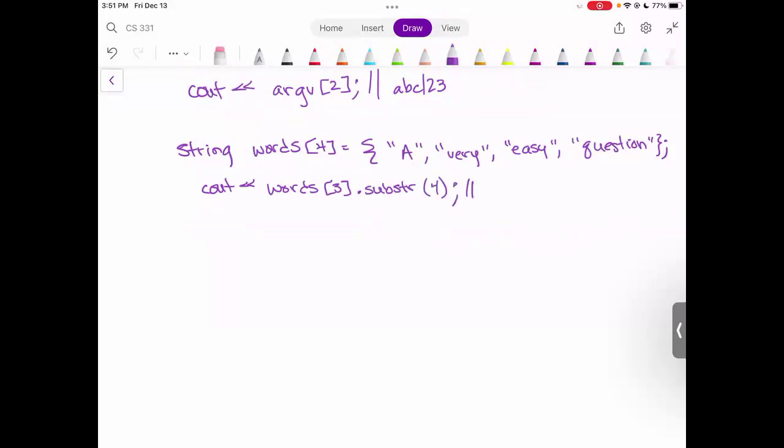Okay. Who can tell me what this one will print out? Does anybody know what this would print out?